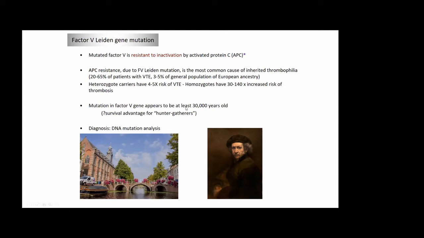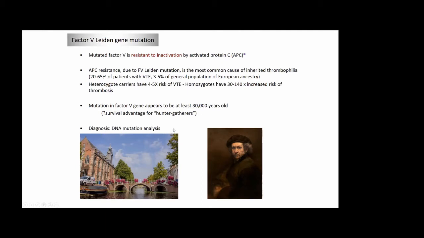And the mutation in factor V that results in APC resistance has been identified as about 30,000 years old. So the hypothesis is that this may have given some amount of survival advantage to people walking out among the rocks and mountains and being attacked by animals, or trying to kill animals for food.